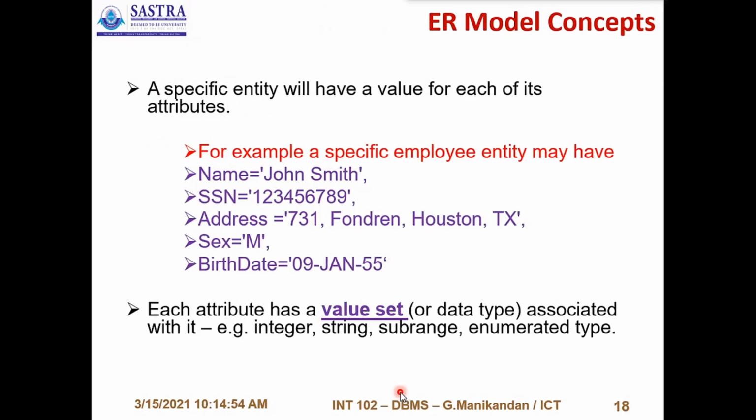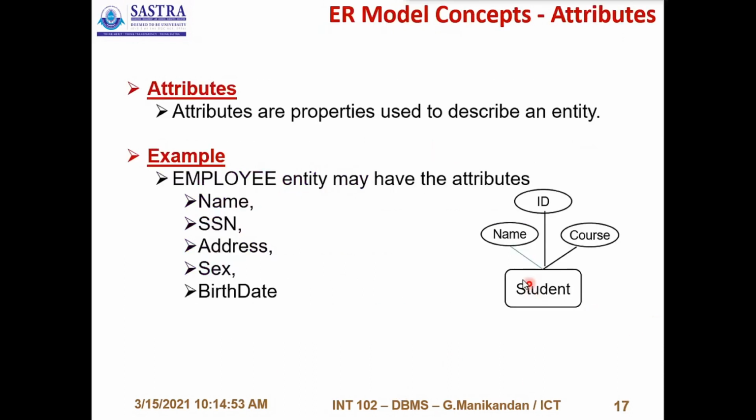If you take a specific entity, for example, each and every student, inside this entity I can have any number of students, S1, S2, S3 like that. Each and every student is going to have a name, ID, which are the common information shared by all the students.